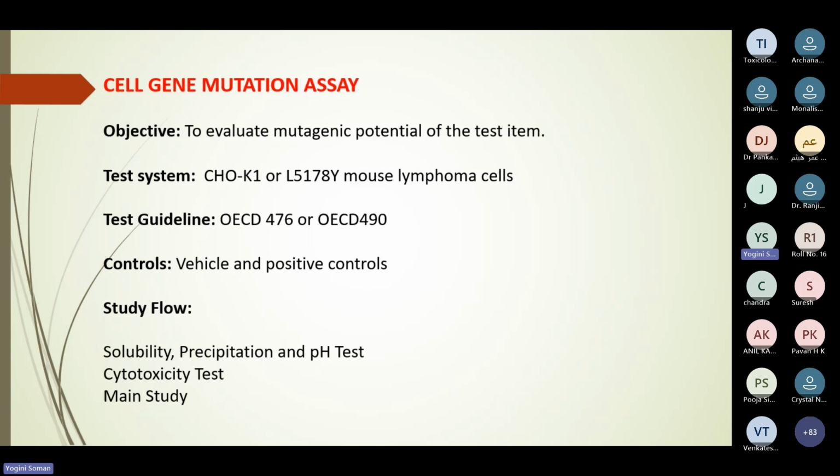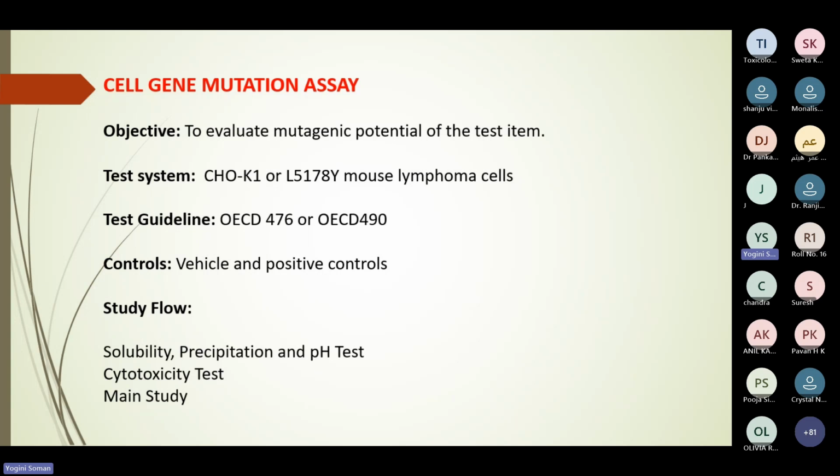Else you can conduct it using OECD 490, that is mouse lymphoma cells. You should again include concurrent vehicle and positive controls for the assays. The positive controls should be known mutagens, like benzopyrene or mitomycin C, or any other recommended by the OECD guideline.